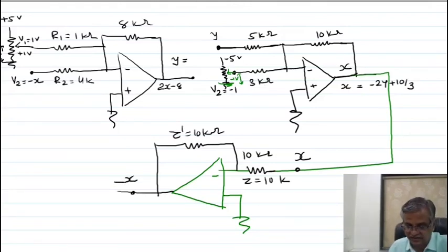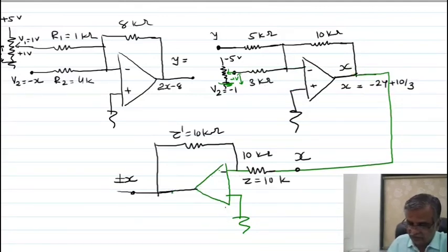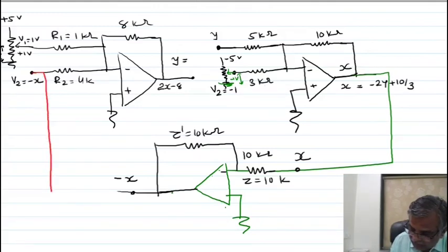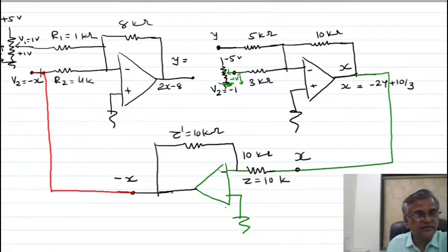So what I did, I take the output of this and give it to the inverter circuit, and the output of the inverter circuit is minus X. I think you understand, this is minus X, and here minus X is required. So I'll take this point and connect to this point. So minus X is given to this point, and here Y is required.